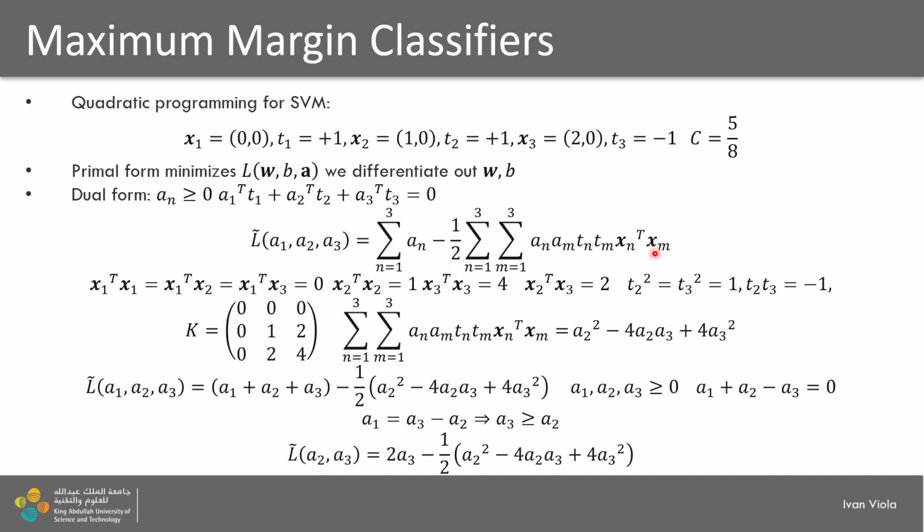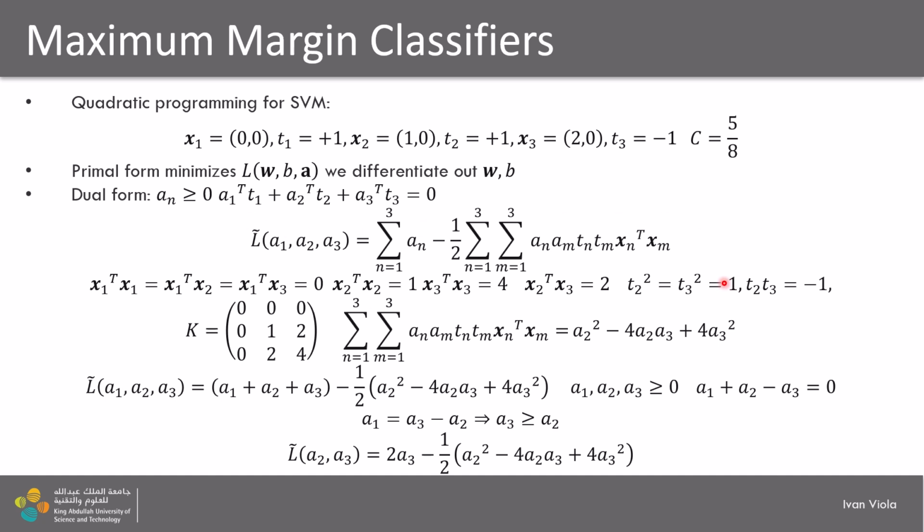So our input space is our feature space, and we have various constraints here, like for example that an is bigger than 0, and then a1 t1 plus a2 t2 plus a3 t3 is equal to 0. So this was a constraint which was coming from the partial derivative with respect to the threshold parameter b.